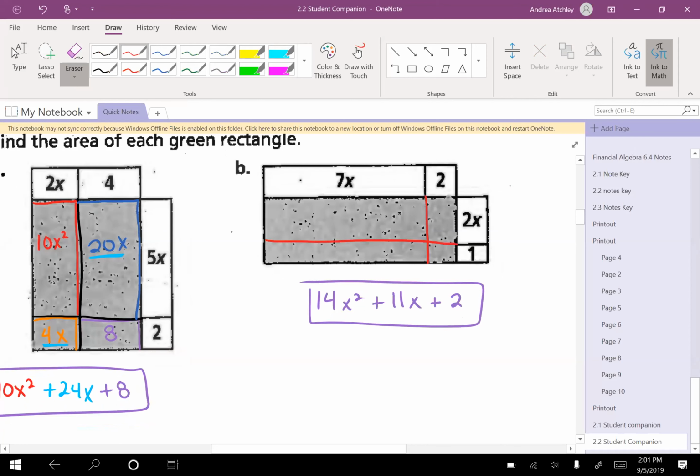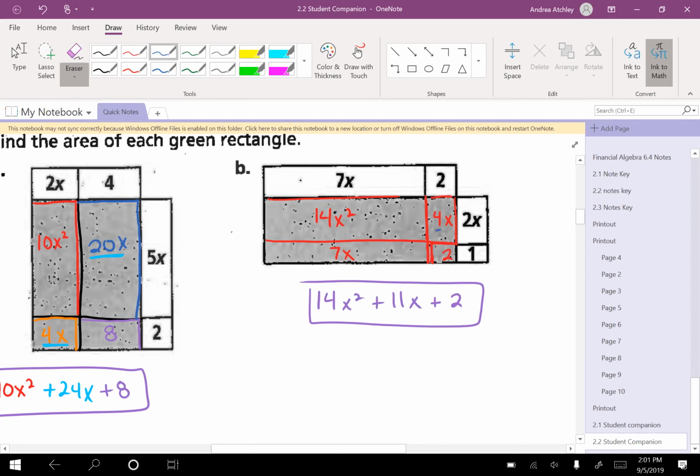So 7x times 2x gave me 14x squared. Then the 2 times the 2x gave me 4x. Then the 7x times the 1 gave me 7x. And then the 2 times the 1 gives me 2.